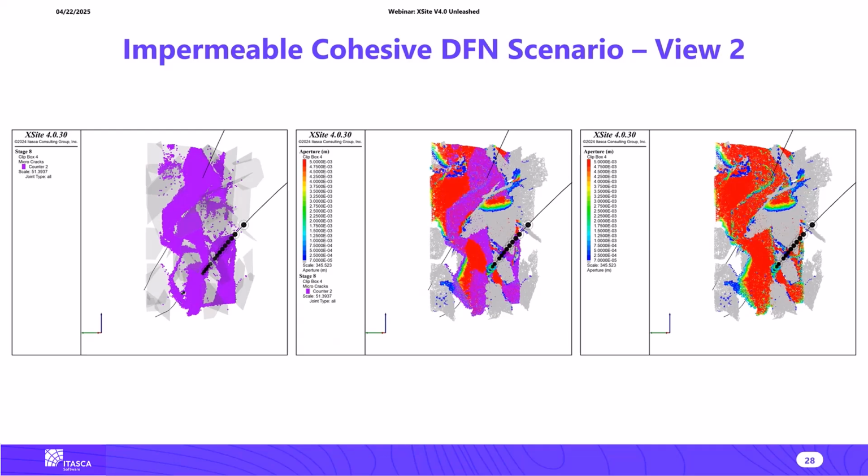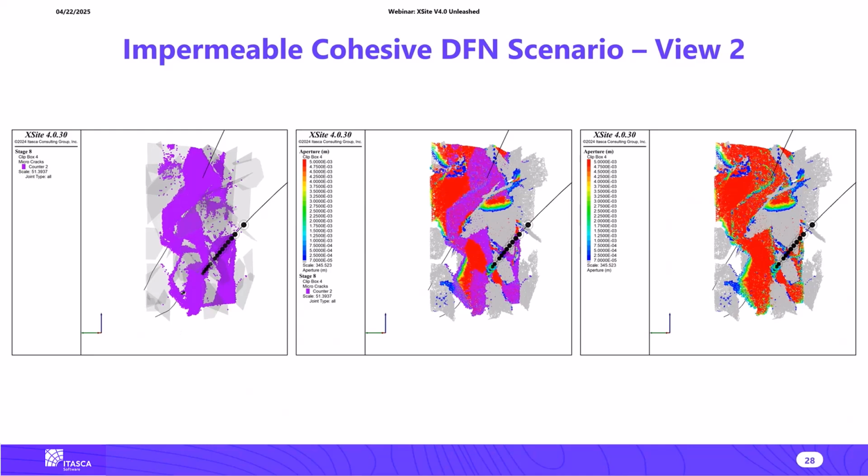You can again see that some of these pre-existing joints are actually part of the induced fracture geometry, and the model shows exactly what is observed from fiber optic data: the fracture doesn't propagate vertically upwards.